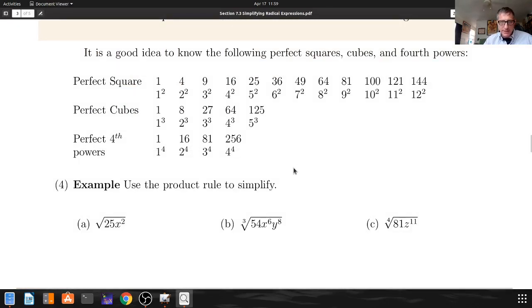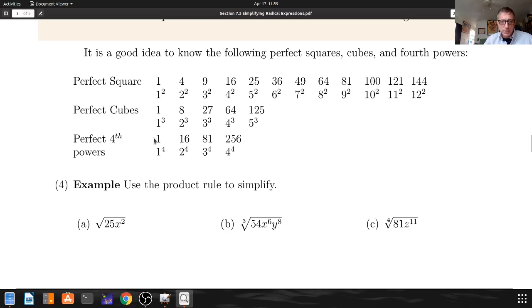So here is something really helpful: this list right here. Perfect squares: 1 squared, 2 squared, 3 squared is 9, 4 squared is 16. You need to know all of the perfect squares all the way up to 12. If you know your times tables up to 12, you already know these, because 12 times 12 is 144, 11 times 11 is 121, 10 times 10 is 100.